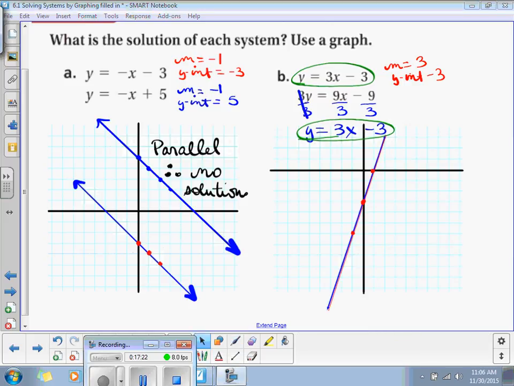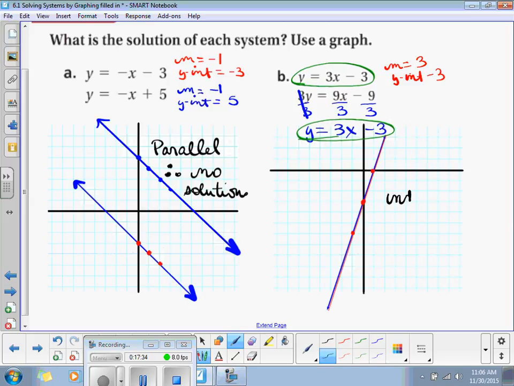So here we have 2 lines exactly in the same place. So how many solutions? Infinite. Right. This has infinite solutions. What kind of system is it?